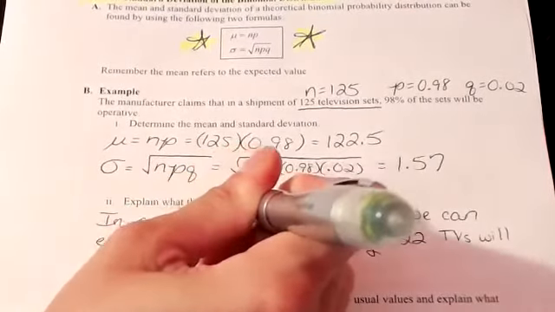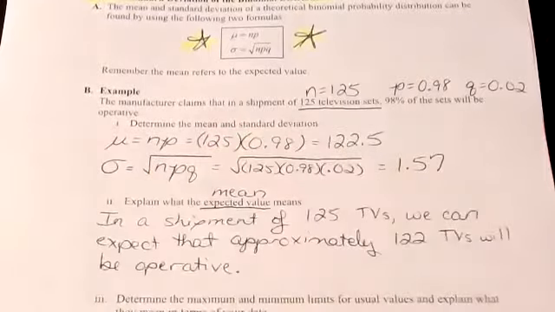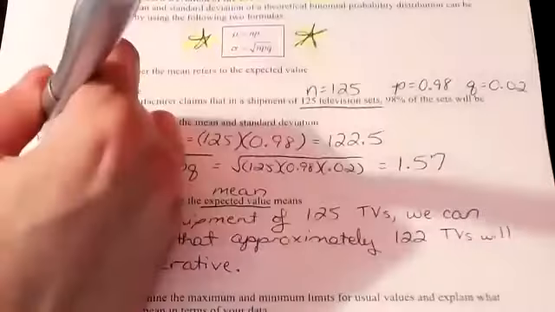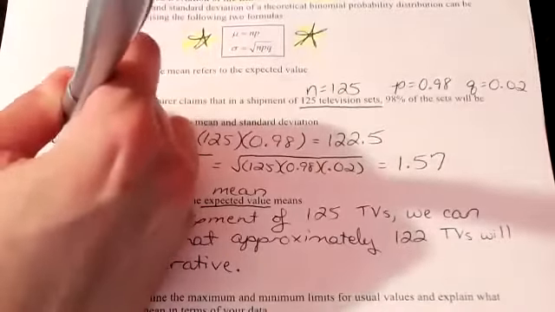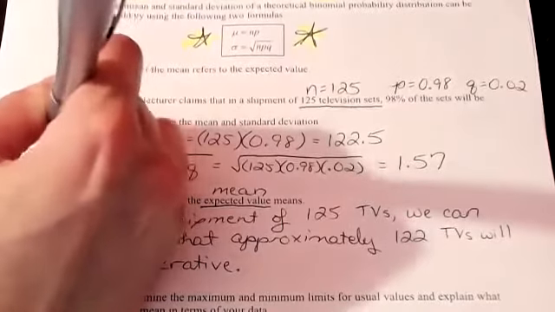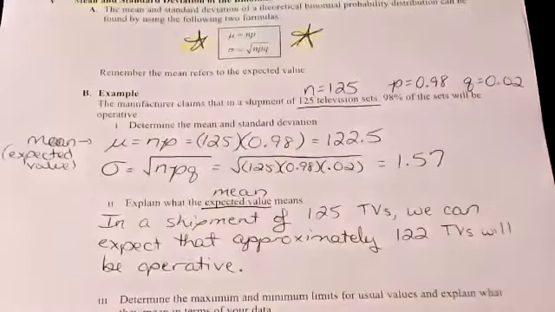So when we think of expected value, I want you to think of mean. When we calculated the mean, mu, we found it to be 122.5. And I'm going to write this here. This is the mean, which is also the expected value. So that's 122.5.